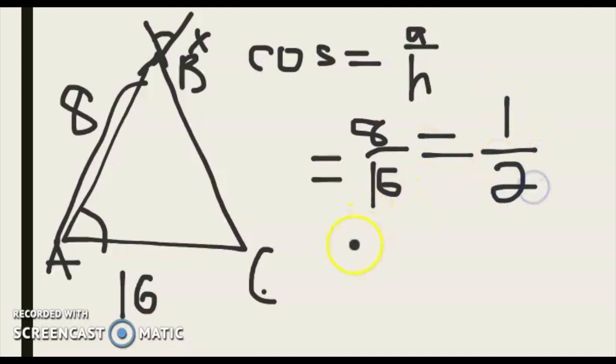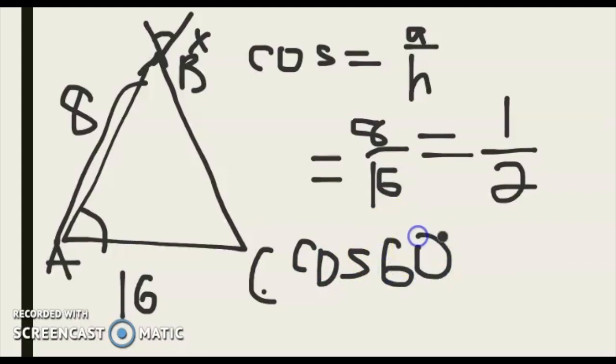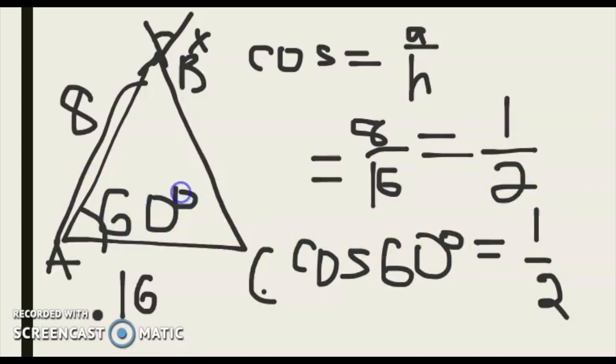So what trigonometric function equals 1/2? Well, the answer is actually 60 degrees. This is why it's very important to understand and memorize the trigonometric functions. So cosine 60 degrees equals 1/2. Therefore, angle A is 60 degrees.